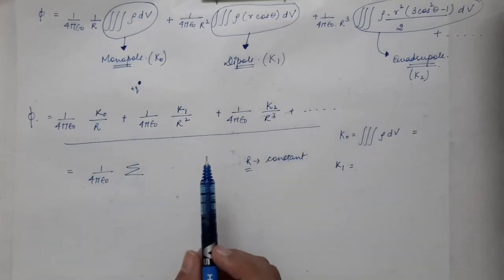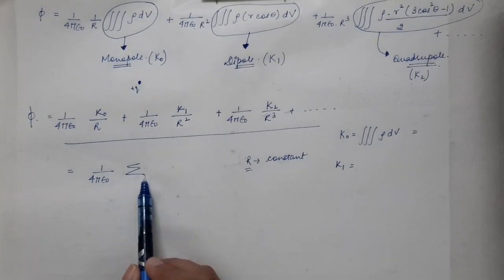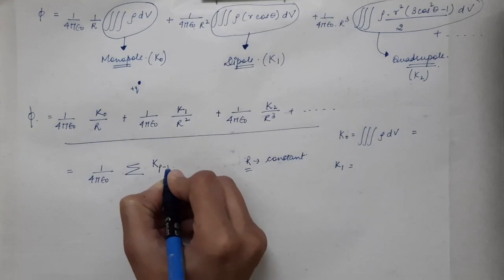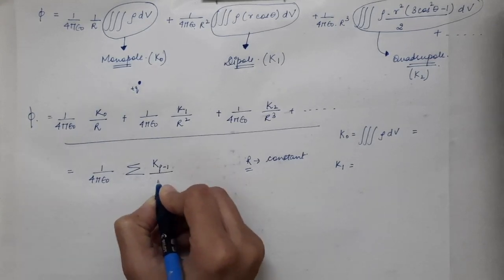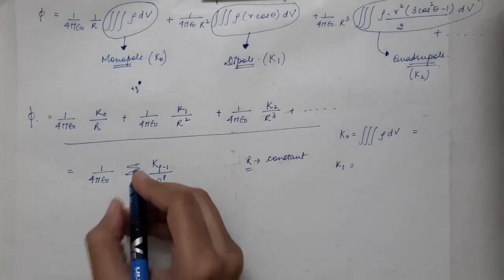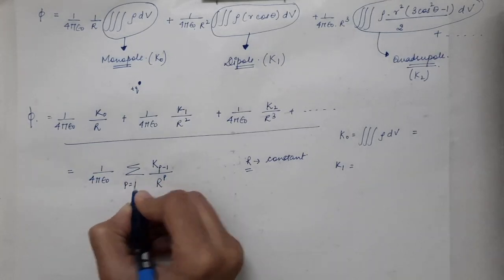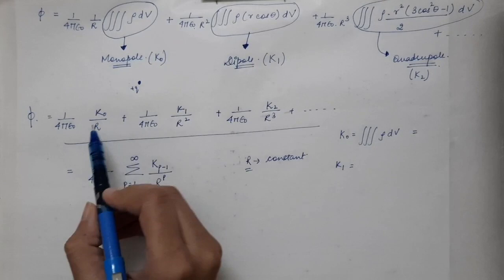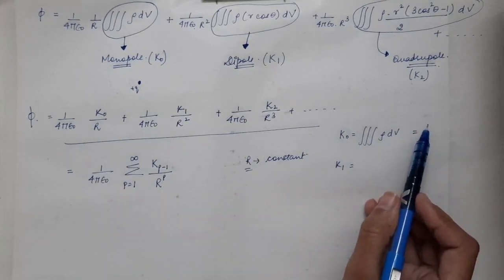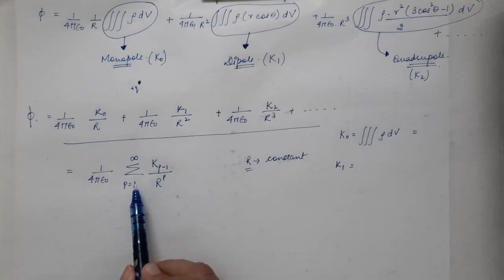All these terms can be clubbed in the form of a summation, taken over k p minus 1 divided by R power p. Now p will take values from 1 to infinity because there are infinite number of terms possible in this case. For the first term, p will be equal to 1.